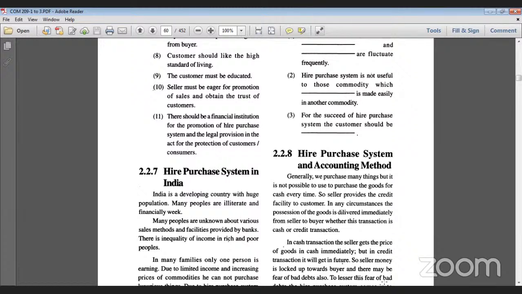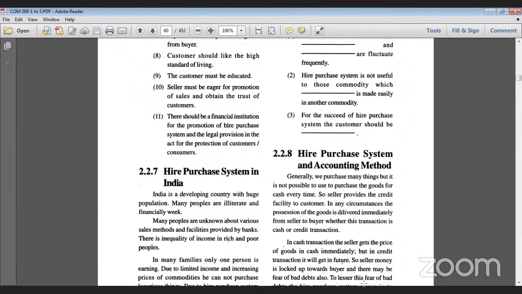Generally we purchase many things, but it is not possible to purchase goods for cash every time. So the seller provides the credit facility to the customer. In any circumstances, the possession of the goods is delivered immediately to the buyer.